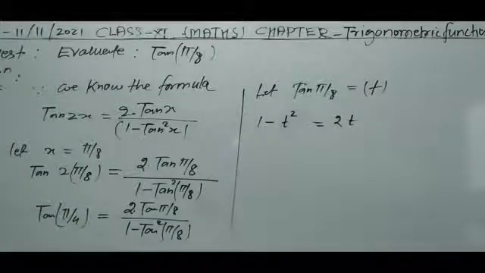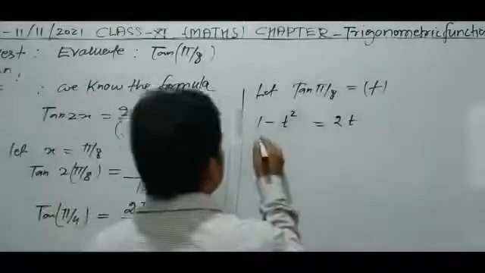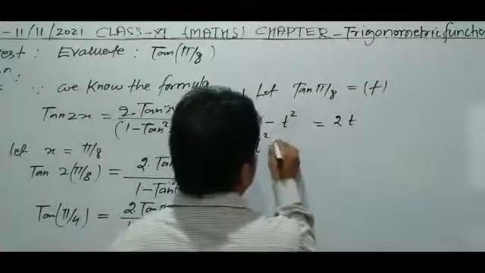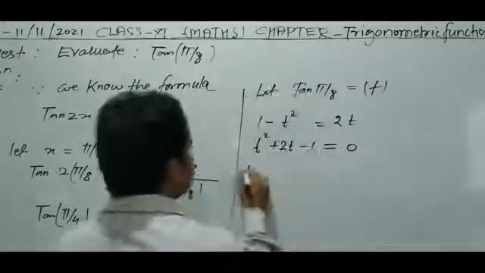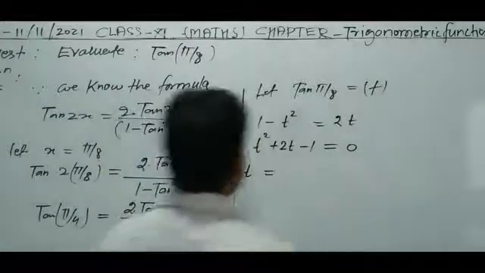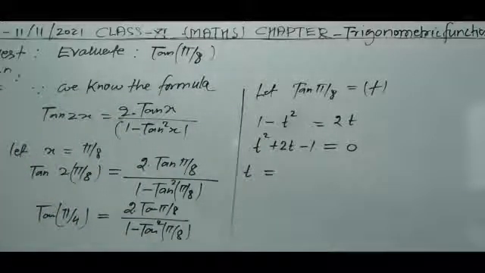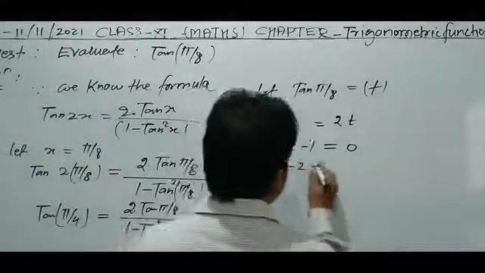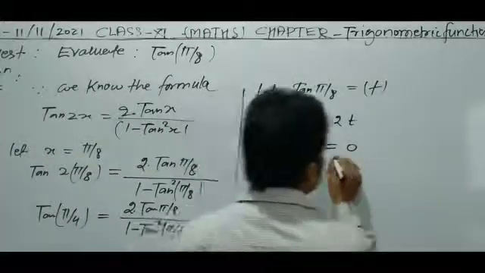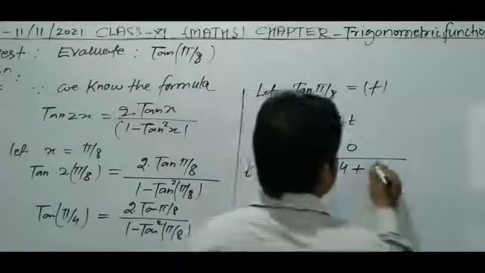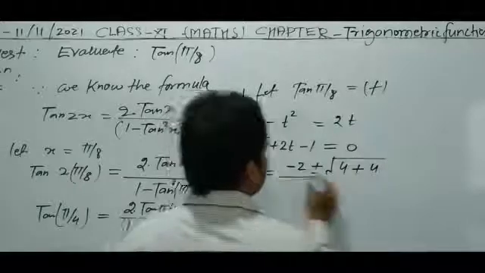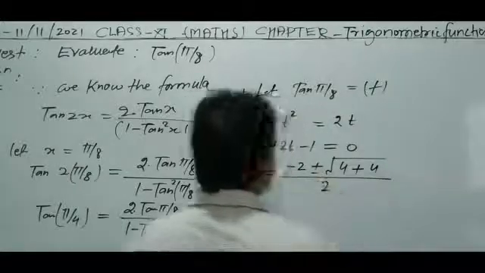Now when you simplify by using the quadratic formula, t square plus 2t minus 1 is equal to 0, means t we can calculate by using Sridharacharya formula. As the t formula we can use minus 2 plus minus root over 4 plus 4 times AC, means 4, whole upon 2 times A, means 2.